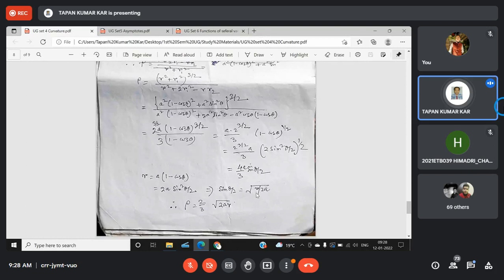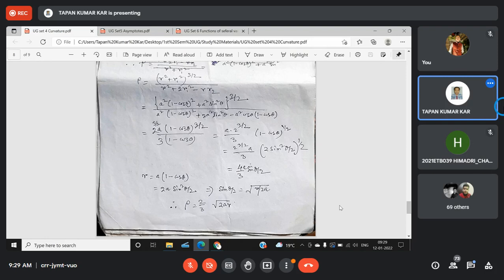But up to 4a by 3 sin theta by 2 is also correct, because here it is given for any point r, theta, so you can use this also. Any question?